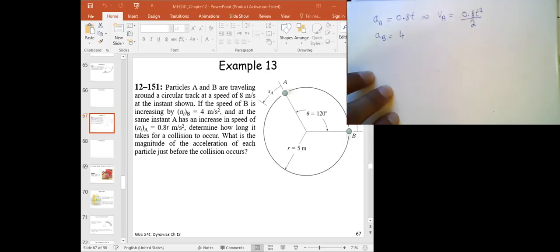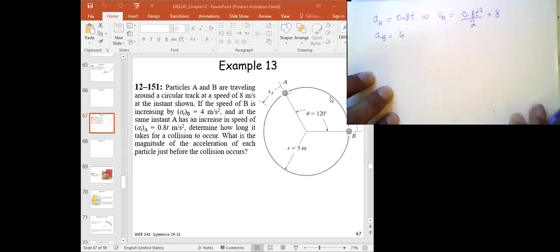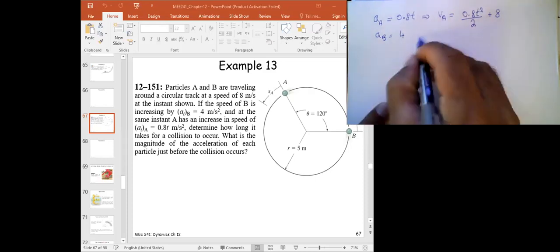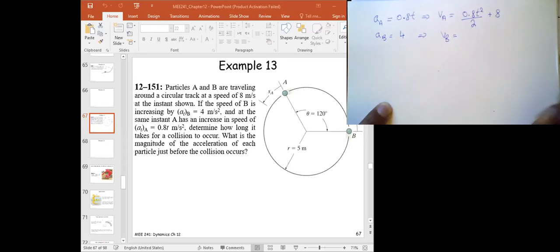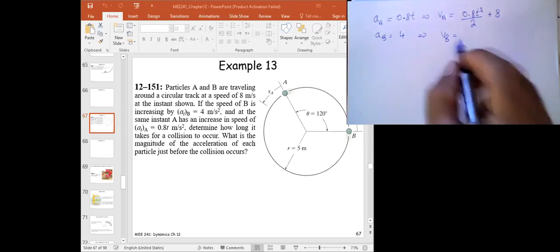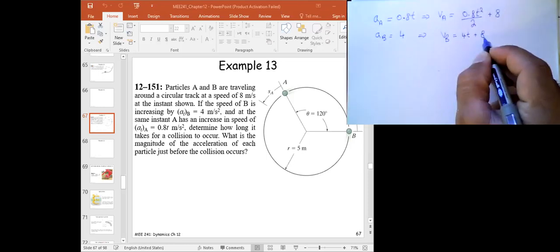Plus 8. Yes, plus the initial velocity. Bravo, plus the initial velocity. Okay, so we're good. How about VB? It's 4t plus 8. You never want to forget about the initial condition, right?